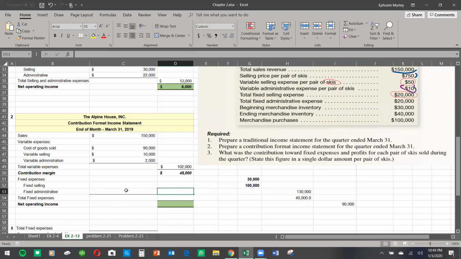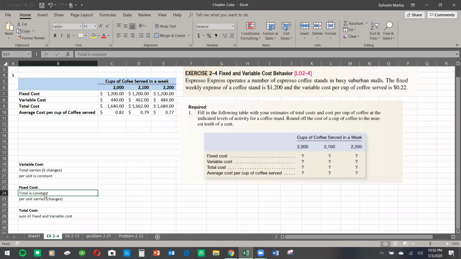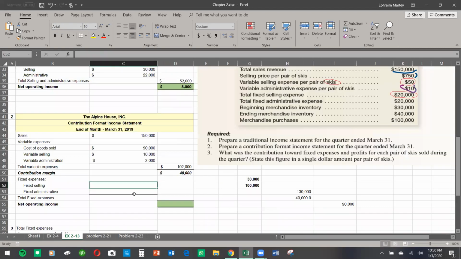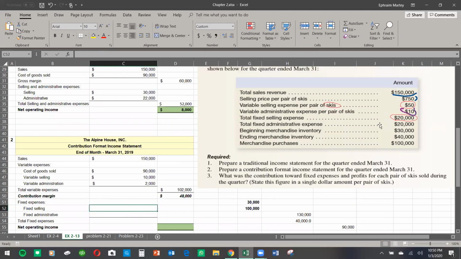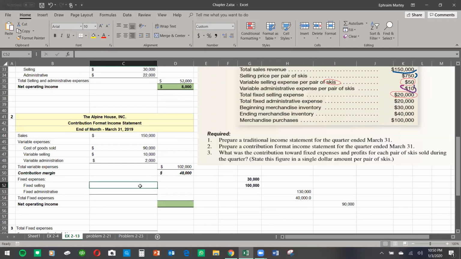Now, the fixed expenses. We know fixed expenses from our previous exercises. Total fixed expenses is constant, does not change. Total fixed selling, which is 20,000, did not change, so we put 20,000 here. Total fixed administrative did not change either, so we put 20,000 here.